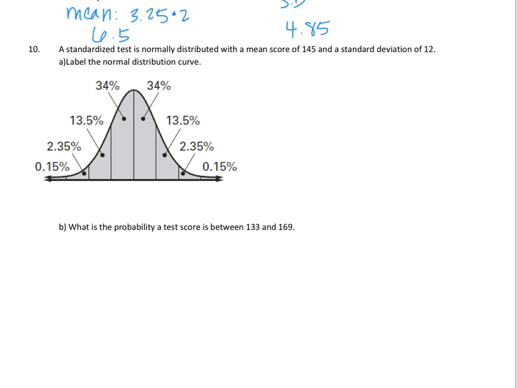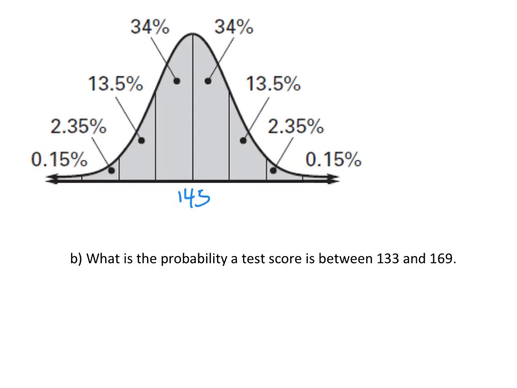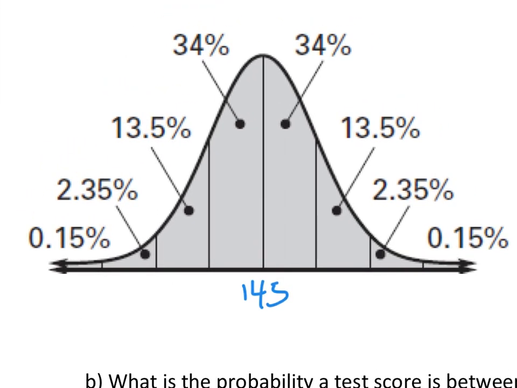A standardized test is normally distributed with a mean score of 145 and a standard deviation of 12. Label the normal distribution curve. So remember, on these ones, the mean goes in the middle. I'm actually going to zoom in on this one. And then we just go up by 12 as we go up to the right, and we go down by 12 as we go down to the left.